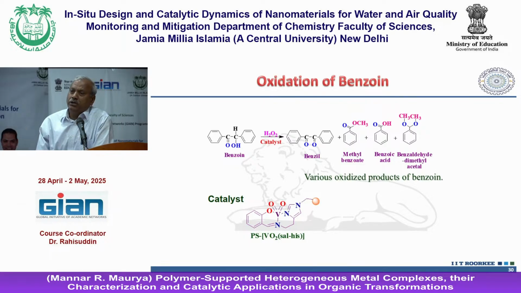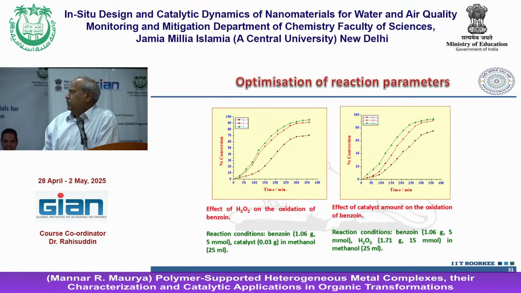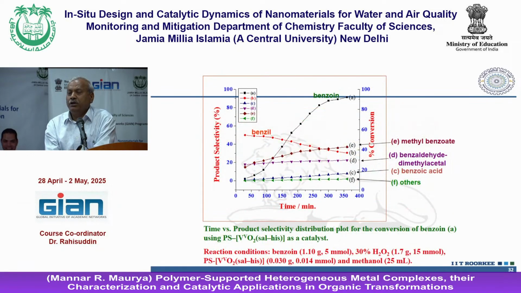Again, we can optimize the reaction conditions by varying the amount of oxidant and the amount of catalyst, and then we can analyze it. The analysis is not easy, it is time-consuming, because for every product, at every half an hour interval, you have to characterize using gas chromatograph. So for 400 minutes continuous analysis, every half an hour, it can be seen that benzoin is going to almost 90+% conversion, and the different products are forming.